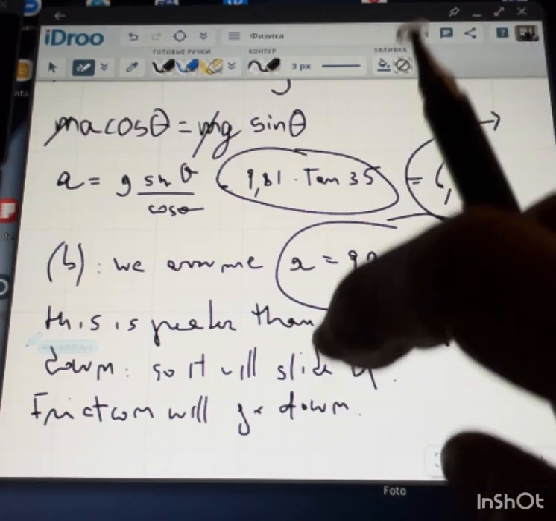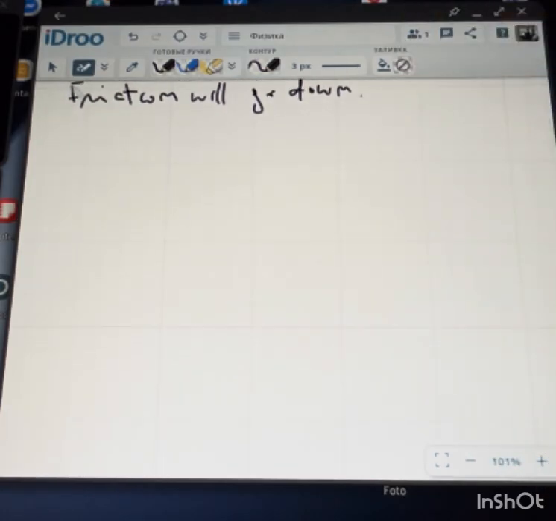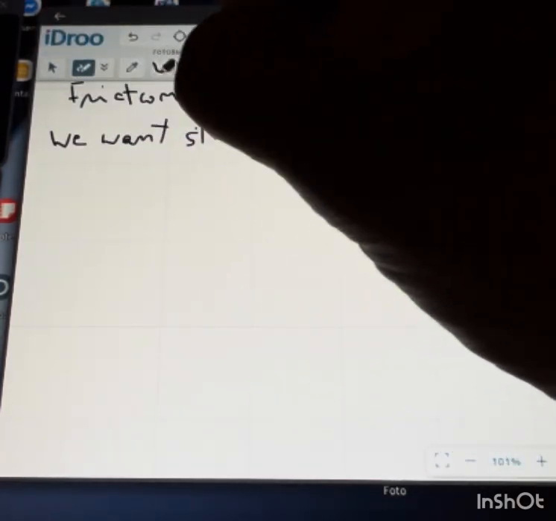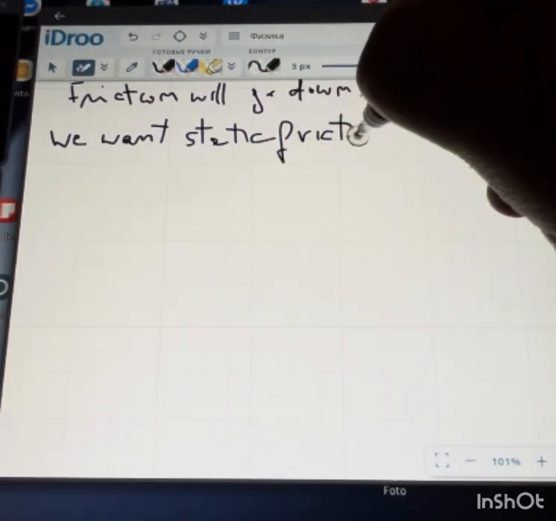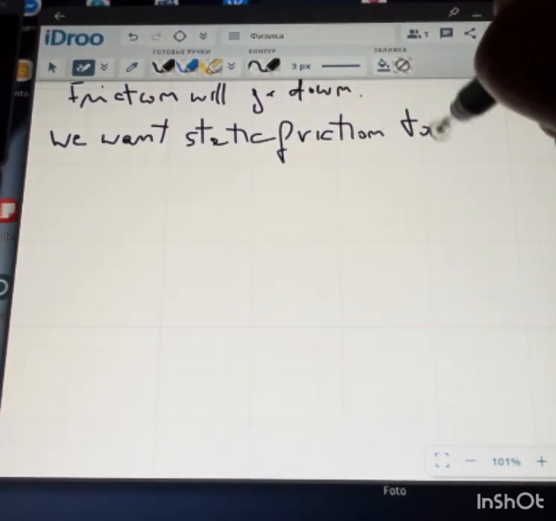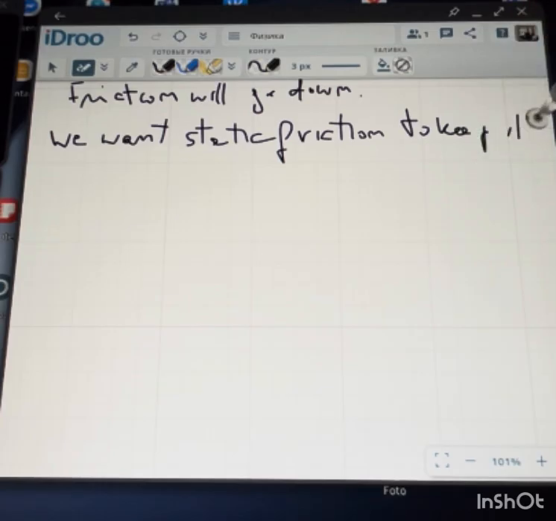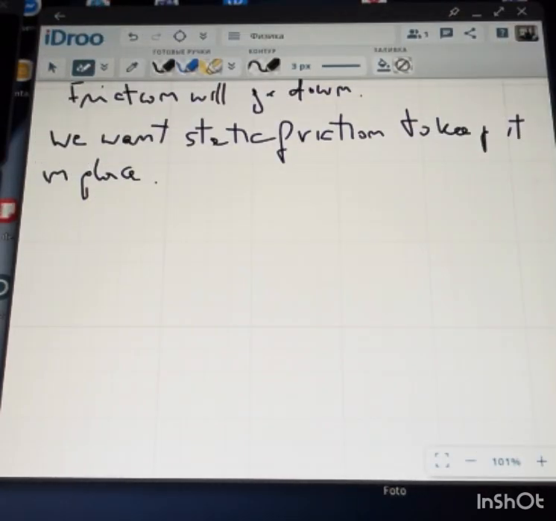Now, let's quickly, the very last 10 minutes, try calculating the static friction force. We have talked about it last time. So for this thing, we want static friction to keep it in place. How do we work?